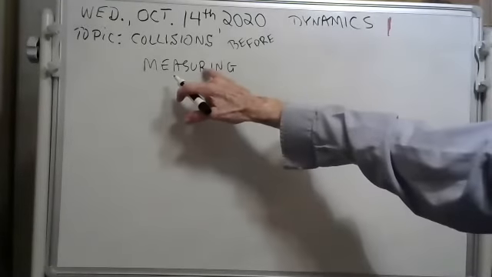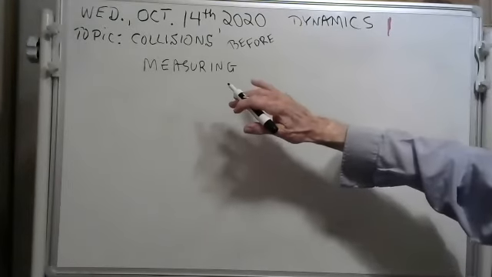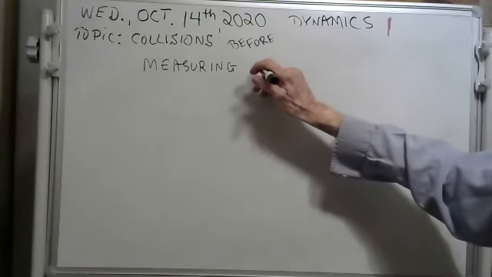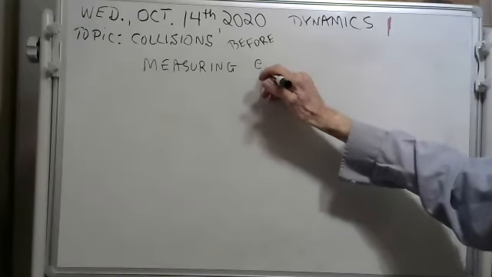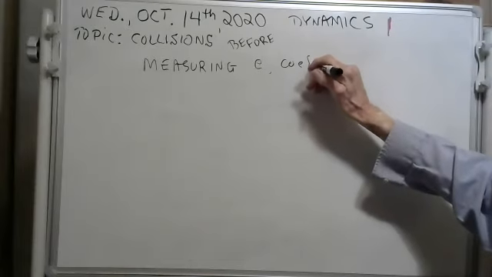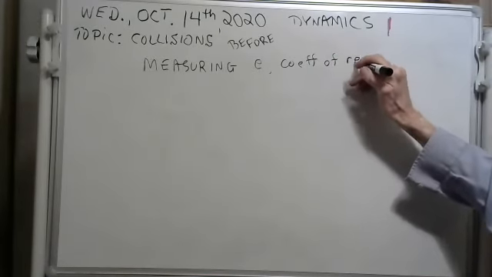Is there an E there in measuring? I don't think so. I think I did that right. But if I didn't, let me know. Measuring E, the coefficient of restitution.